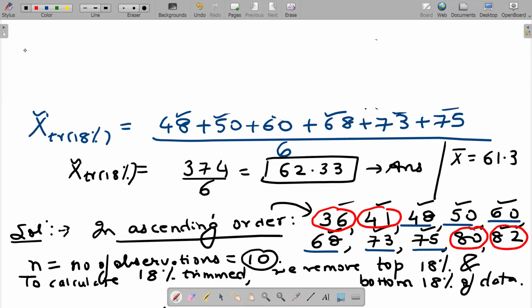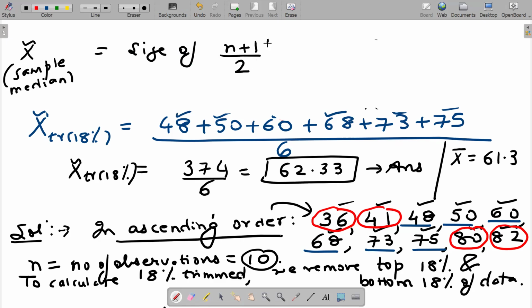So x tilde, which is my median, the sample median, is going to be the size of (n plus 1) by 2th item. How much is n? n is 10.